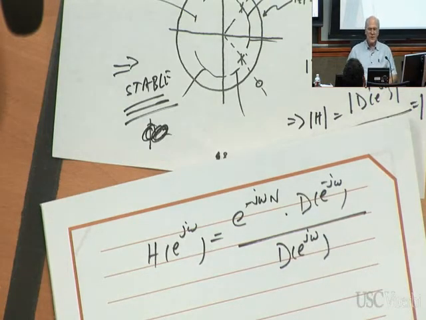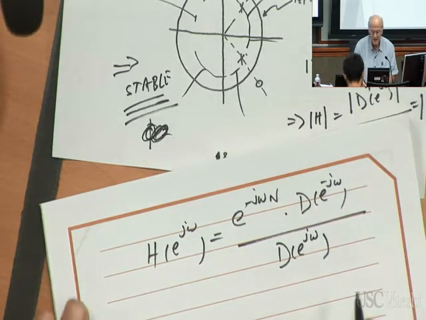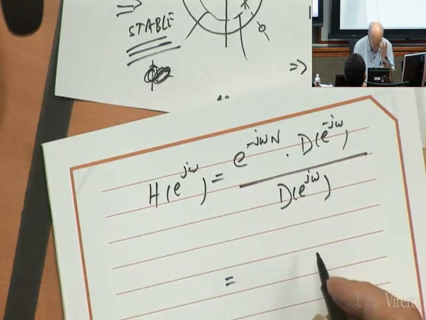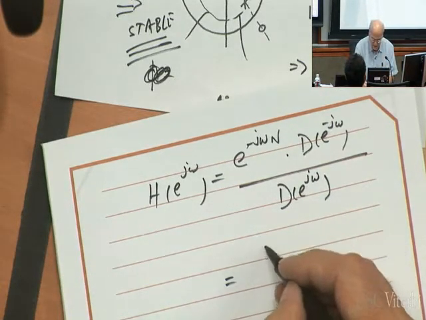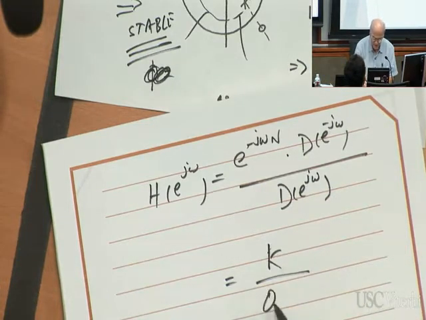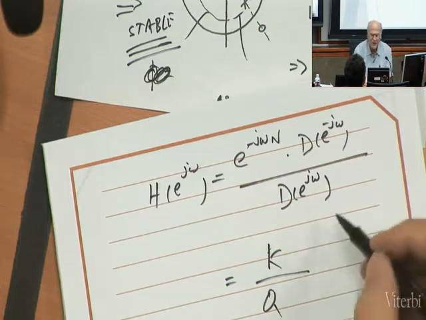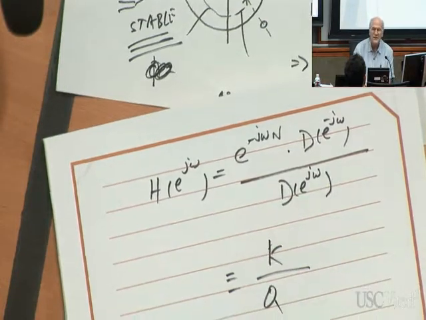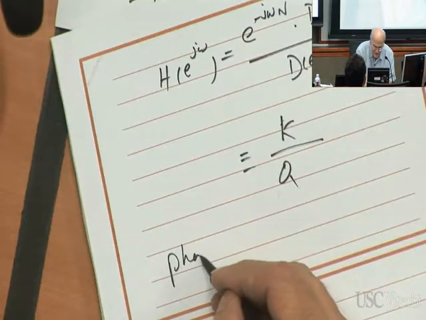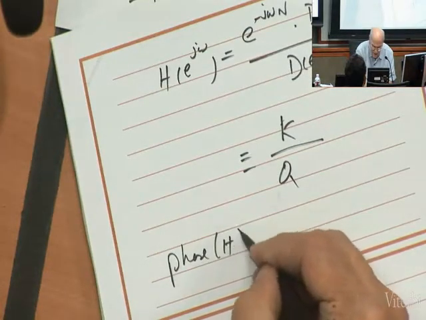Now, one thing you know about the phase is that I can write this in a simple term as K divided by Q, where K and Q are defined to be the numerator and denominator.